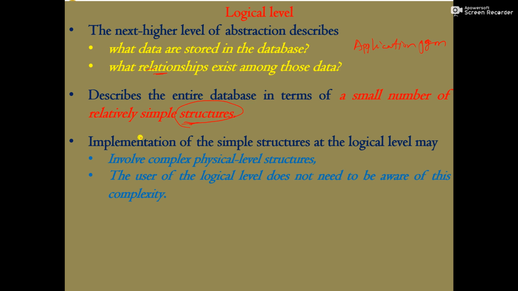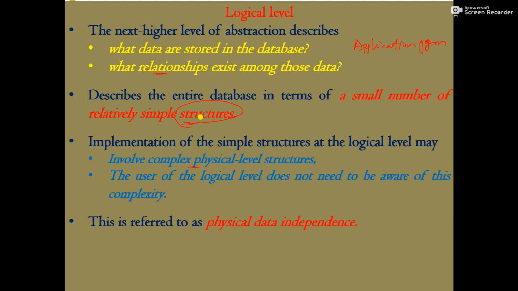Because I am handling very complex physical level structures. Whoever is accessing this logical level need not be aware of the physical level complexity. Because of this reason, I am going with simpler structures on the logical level.